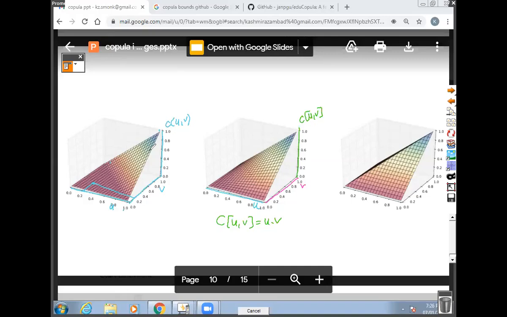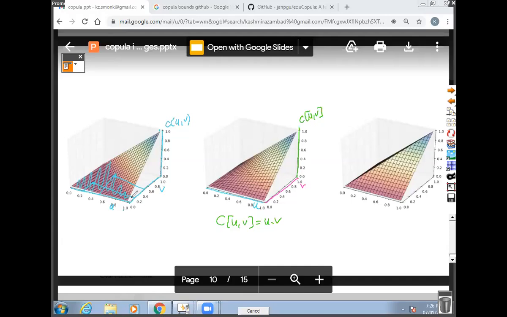As we see here, up until we have a value of 0.5 for U and 0.5 for my V as well, I see that this is always going to be 0, right?